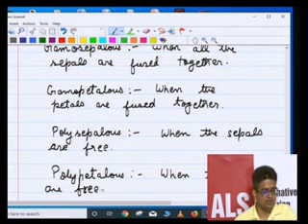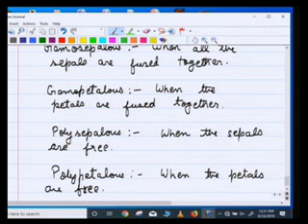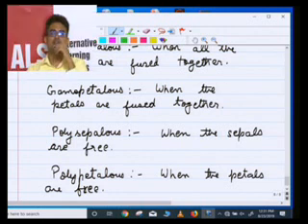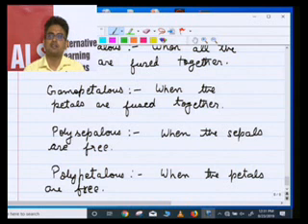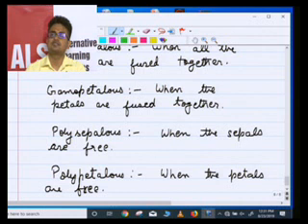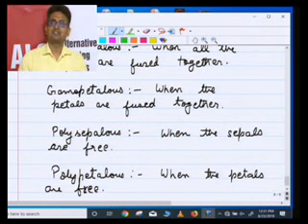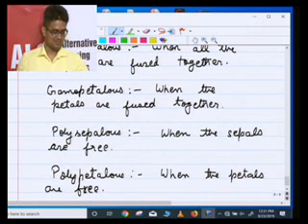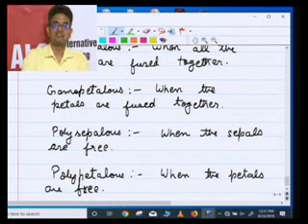So now I am giving you some examples. Try to identify. Hibiscus flower. Is it polypetalous or gamopetalous? I'm just asking you to answer it, after you have written, of course. Some people are giving me a stare as if they will say, sir, are you asking us or do you want us to write first?